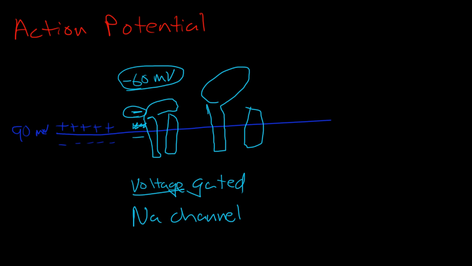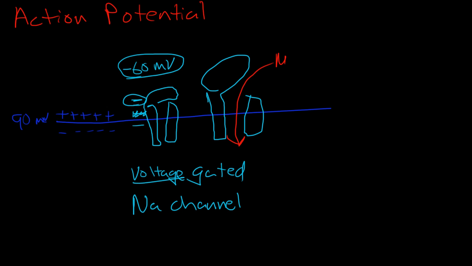And when it swings into an open position, sodium can rush in. And lots of sodium rushes in, enough to change the polarity, because remember, sodium are positive charges, so we have all these positive ions rushing in, and this changes the polarity of the membrane.